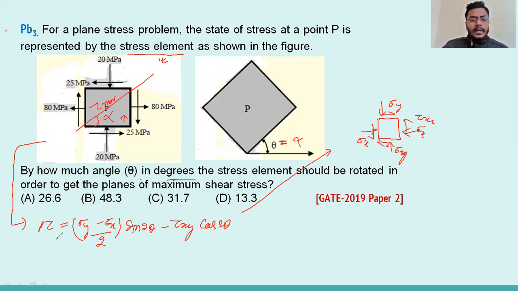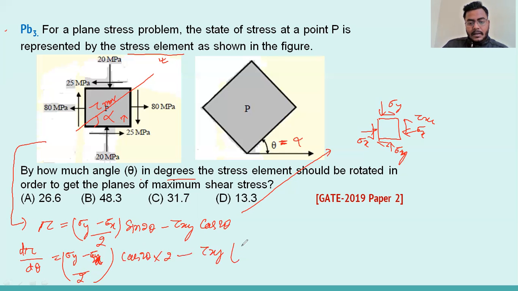So now we can find, if the shear stress is maximum, what value of theta will it be? That we can calculate by using mathematical rules, like first differentiate tau with respect to theta. So what will we get? Sigma y minus sigma x by 2 is constant, so we get cos 2 theta into 2, minus tau xy is also a constant quantity, we can take it outside, minus tau xy, differentiation of cos 2 theta gives minus sine 2 theta into 2.